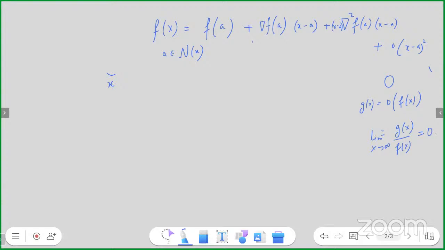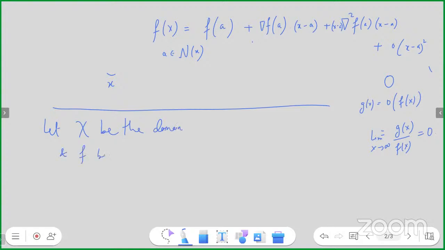So let's now do it properly. The claim is the following. Let the domain be as usual, and let f be convex over it. Then if the domain is open, then the Hessian of f is positive semi-definite.